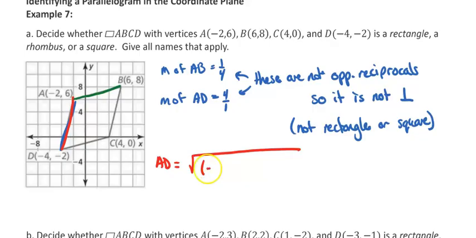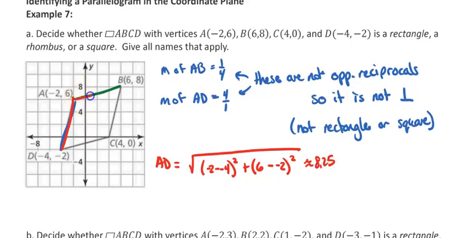You do x2 minus x1 squared plus y2 minus y1 squared. And we're going to put that in our calculator. All right, so I got 8.25.